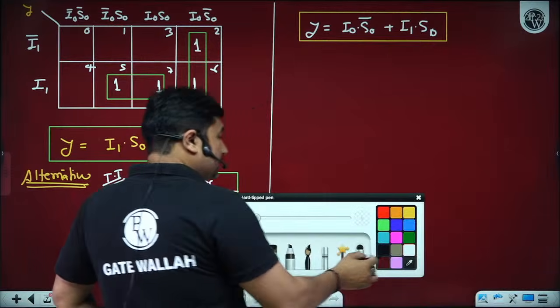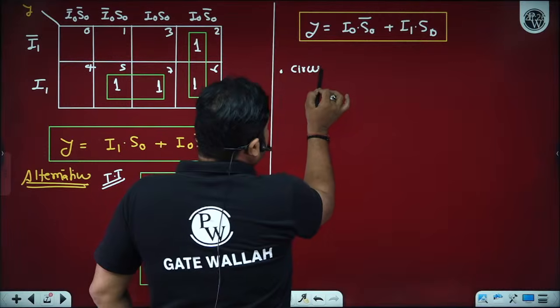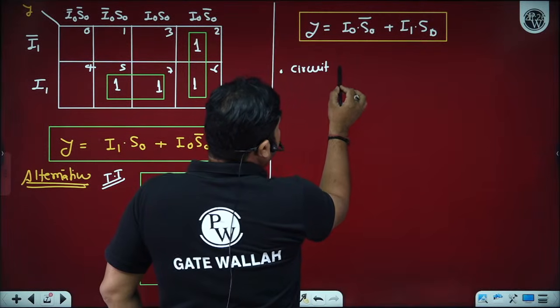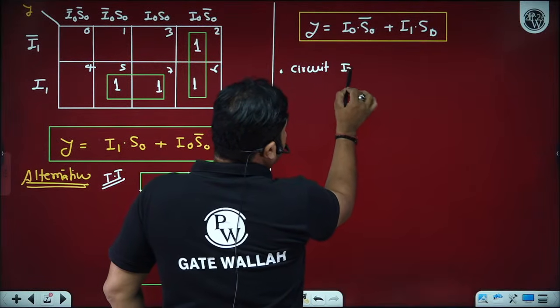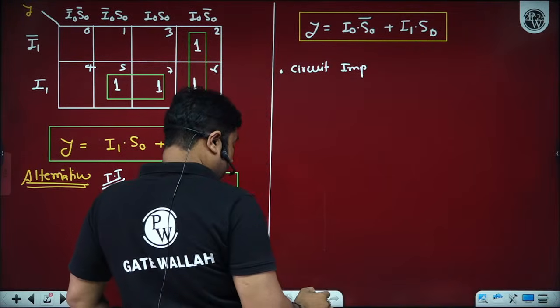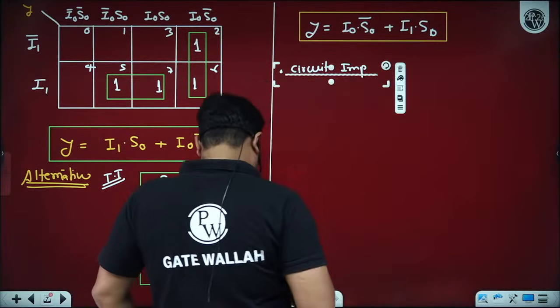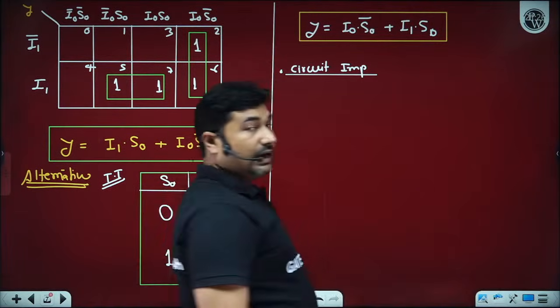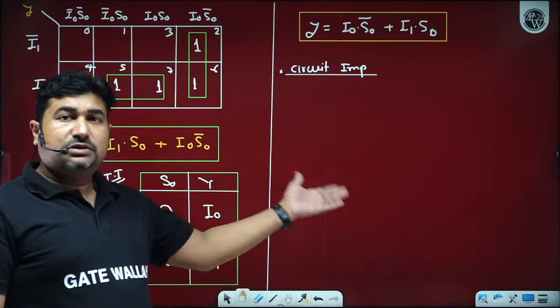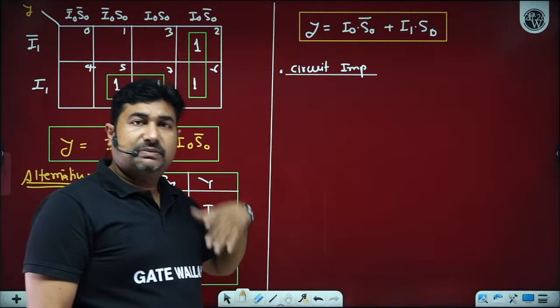Now, next is your circuit implementation. To design any combinational logic circuit, first we need to identify the inputs and outputs, write the truth table, then find the logical expression, minimize it, and then implement the logic circuit.